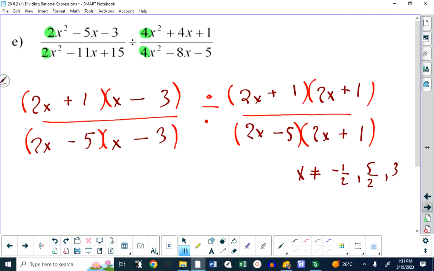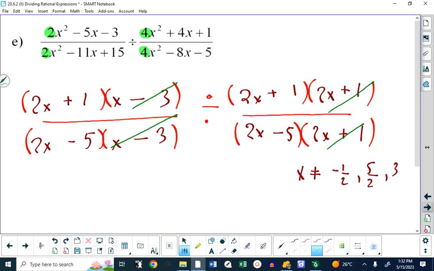Here's a question for you. Can I do this? Why not? That's a single rational expression that's got x minus 3 on x minus 3, and I can do this too.